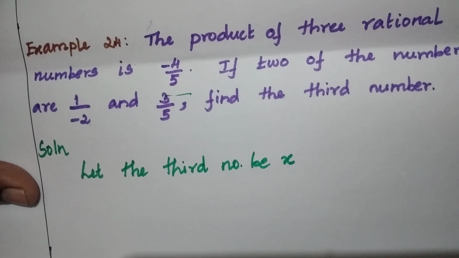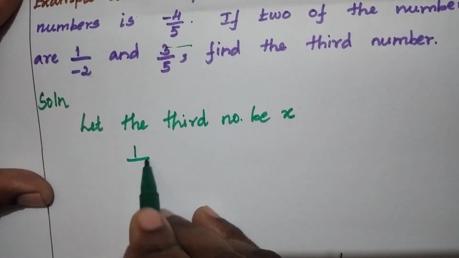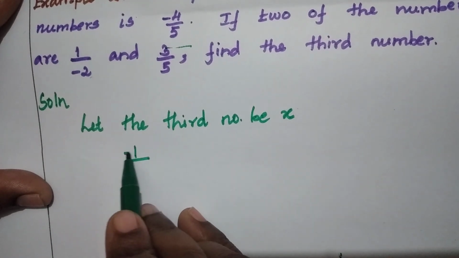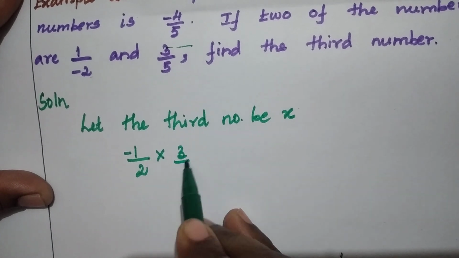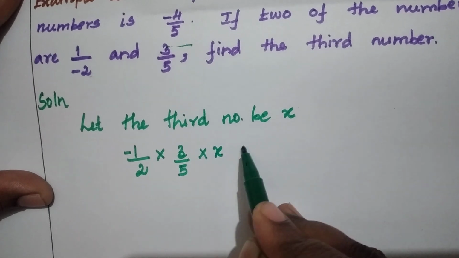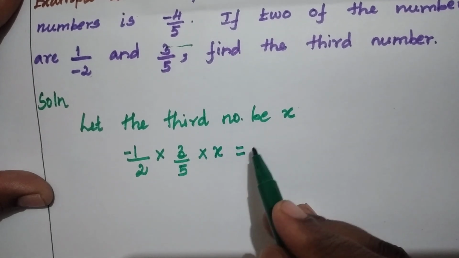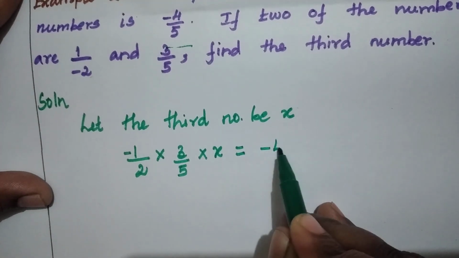So the product of the three numbers, that is 1 by minus 2, we can write this one as minus 1 by 2, into the second one is 3 by 5, into the third one we have taken that as x is equal to, the product is given as minus 4 by 5.